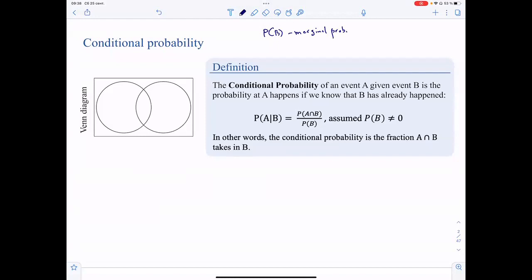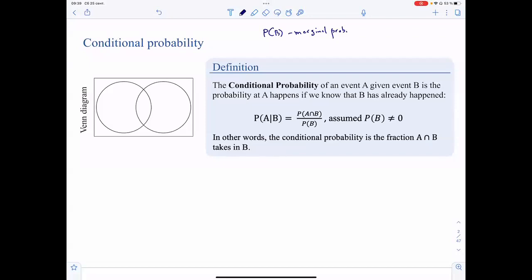So basically, you know that some condition has happened, and this gives you some extra insight and information about your main random event.